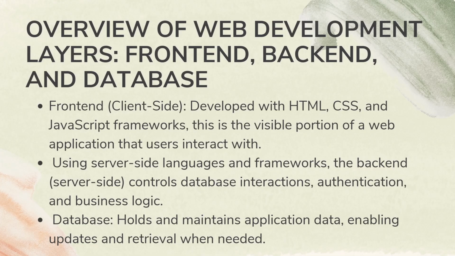So whatever the viewers do on a site is called the front end. Using server-side languages and frameworks, the back end controls database interactions, authentication, and also business logic. Now, what is the database? It holds and maintains application data, enabling updates and retrieval when needed.